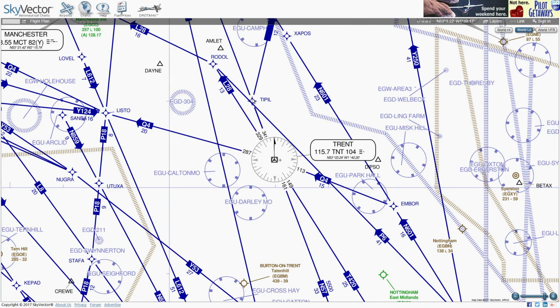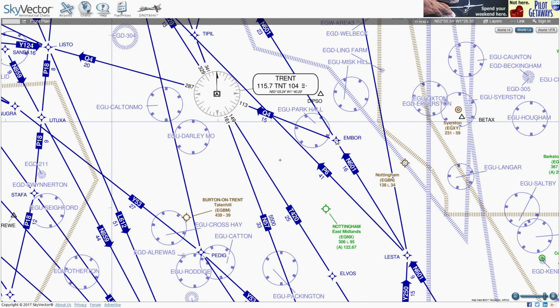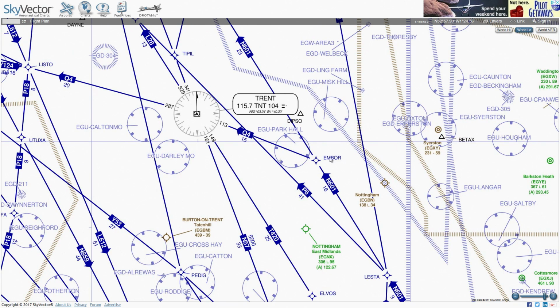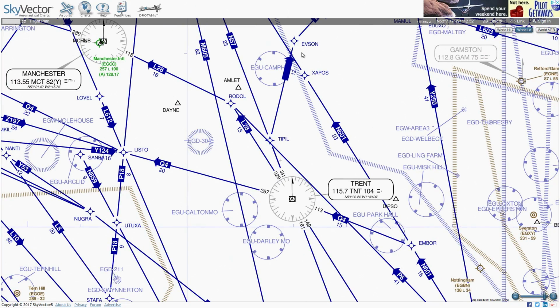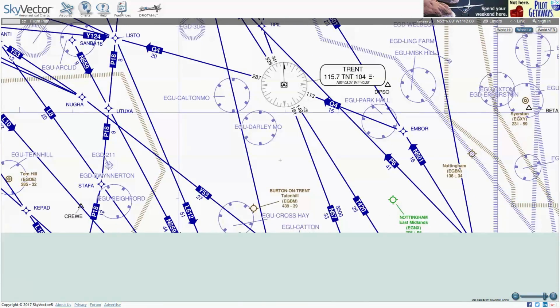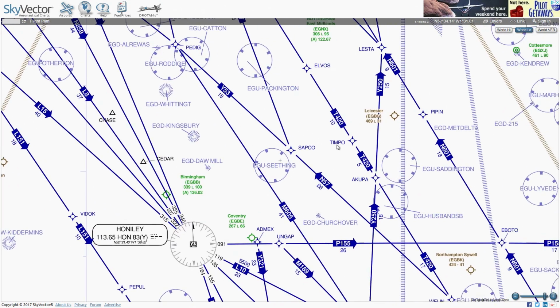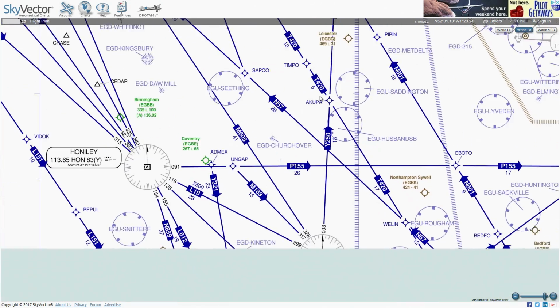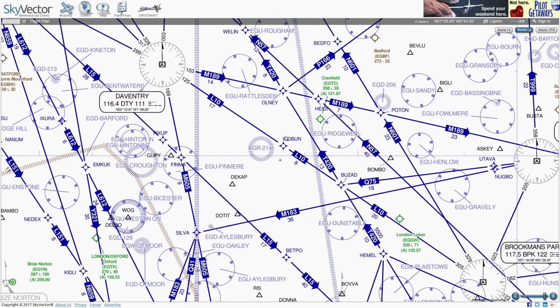Then you have these, sort of a circle with a star. Almost looks like one of the airport indicators, but it's got more of a rounded star sort of setup. A 4-pointed star with a name on it. Embor, Tipil, Rodol, Evson, Zappos, so on and so forth, Timpo, Elvos, so on, all the way down, right the way down, Woburn, Buzzard.